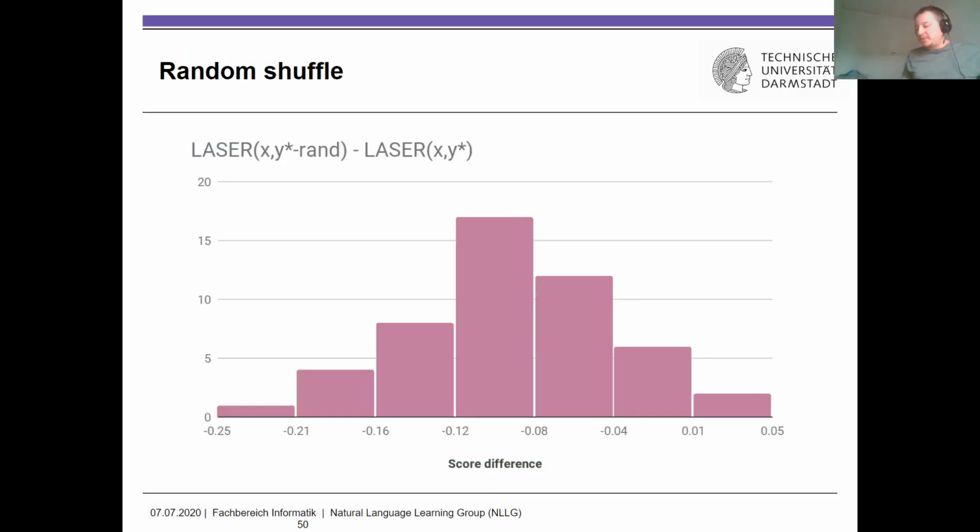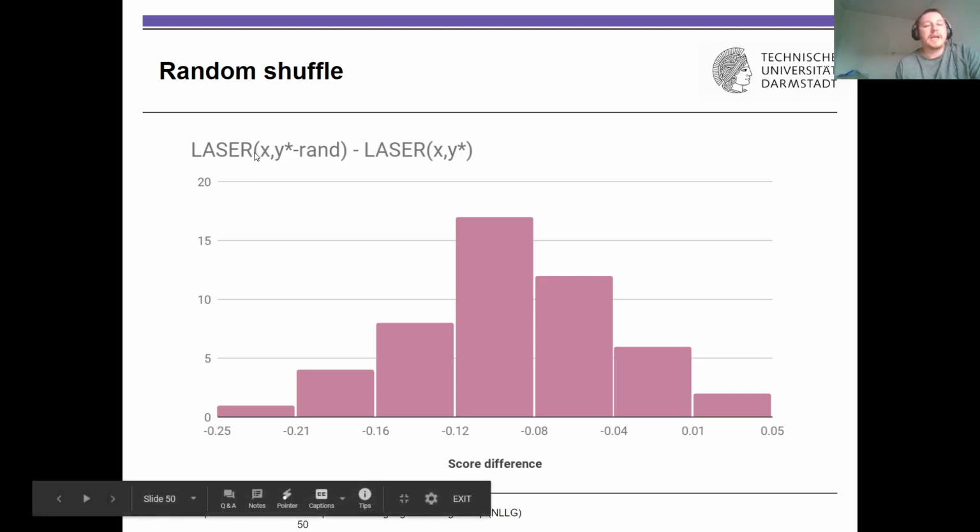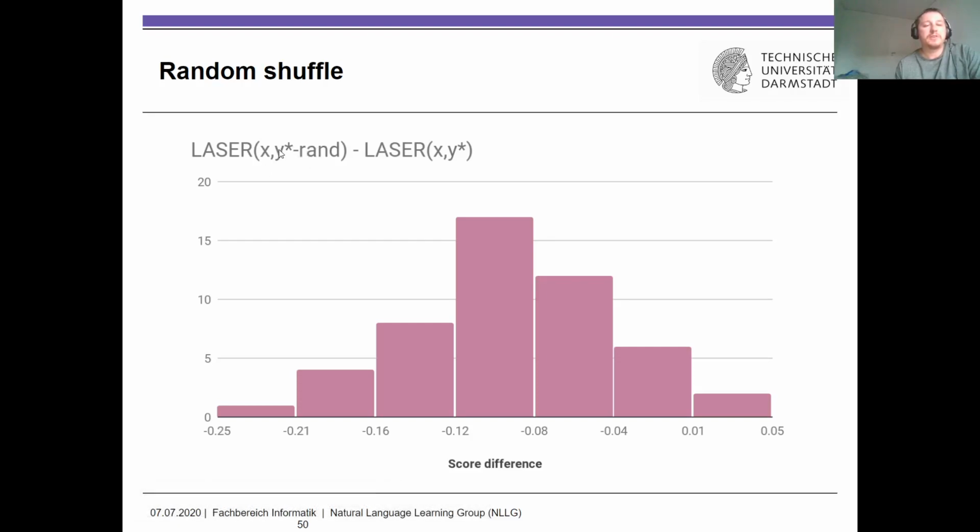Then we check what our metrics prefer, and we check two metrics, LASER and multilingual BERT. We feed in X and the random permutation of Y star, and we compare. We get a score out here, and we subtract the other score for X and the original human reference Y prime. So now we subtract these two scores.